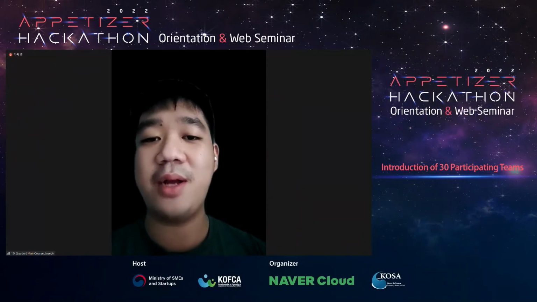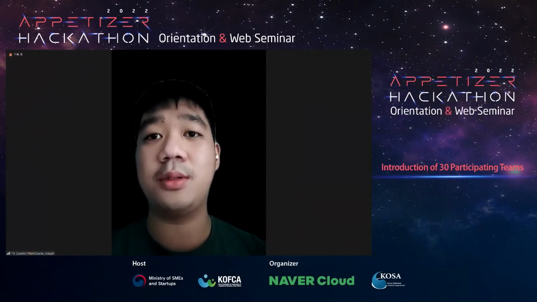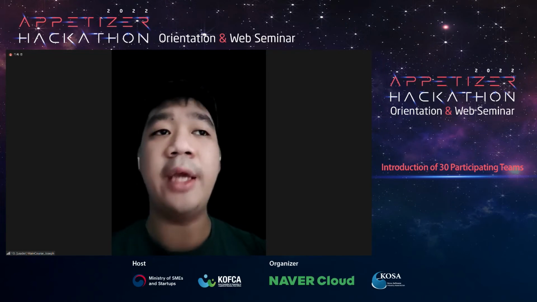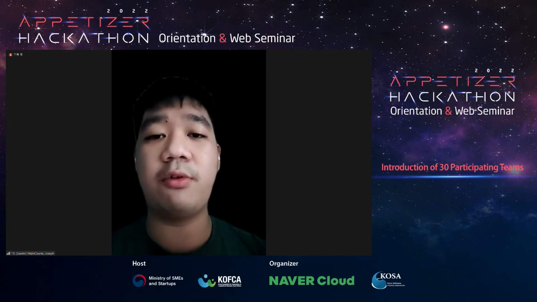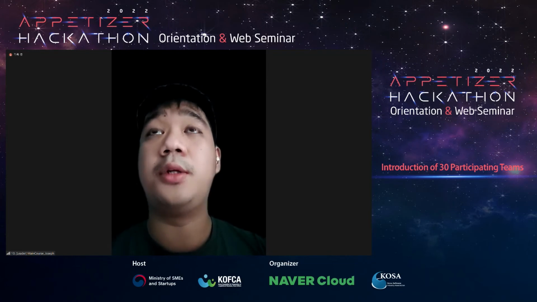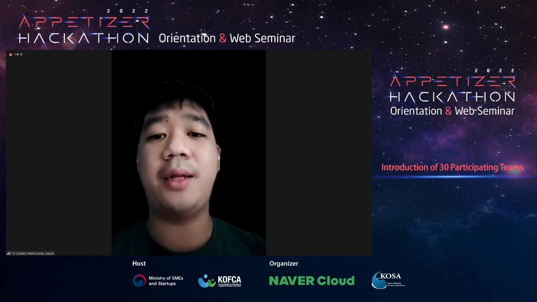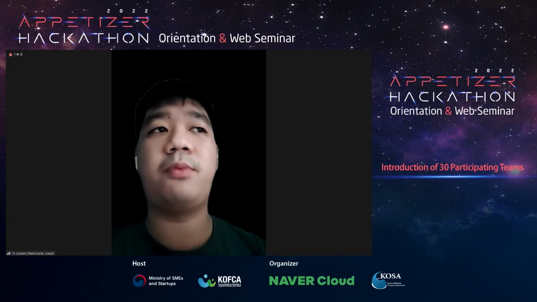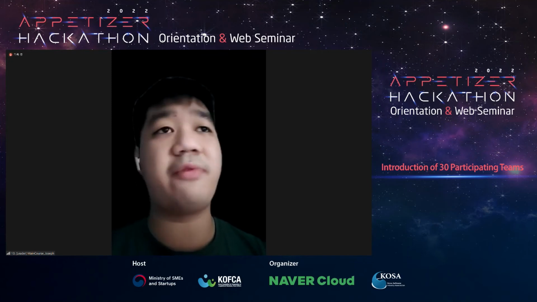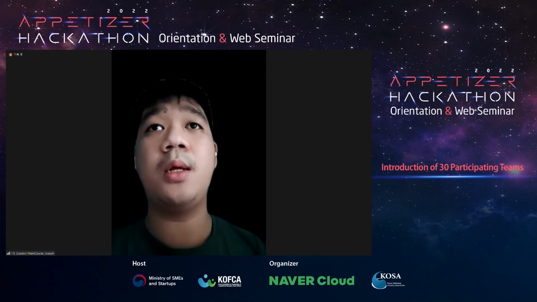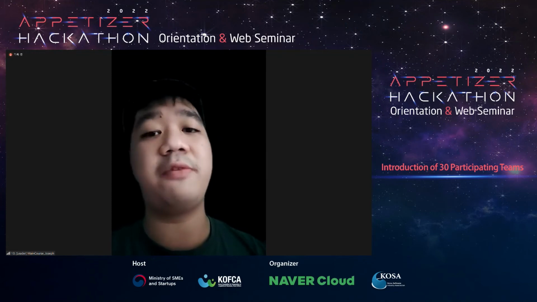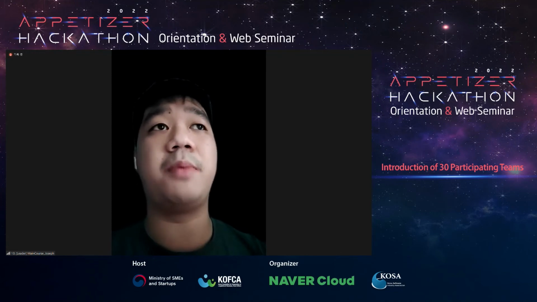Okay. Hi, everyone. My name is Joseph from Main Course. And I'm currently working as a software engineer in Singapore. The reason I joined this hackathon is because I found the APIs provided in this hackathon very interesting, and I want to help by creating new products on top of these APIs, which I believe can help people.